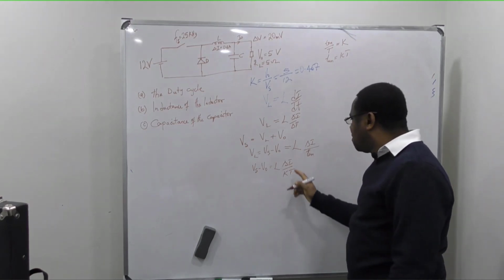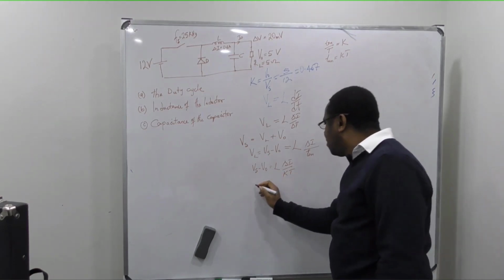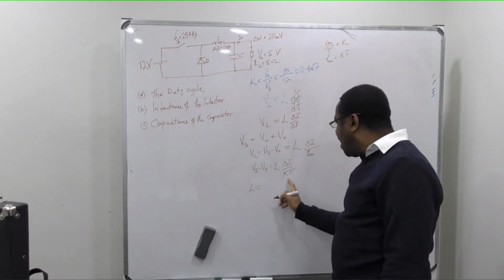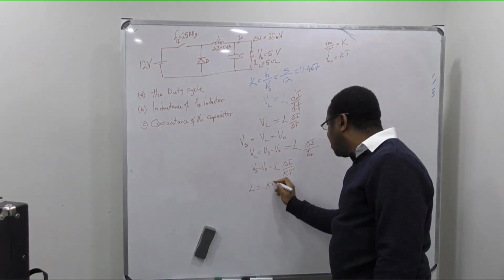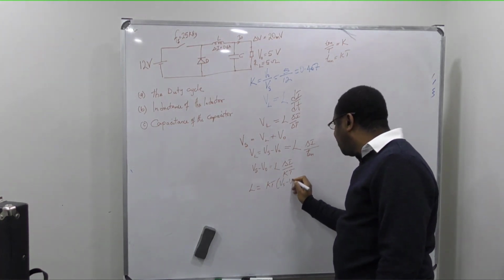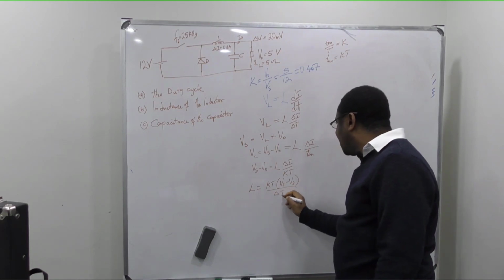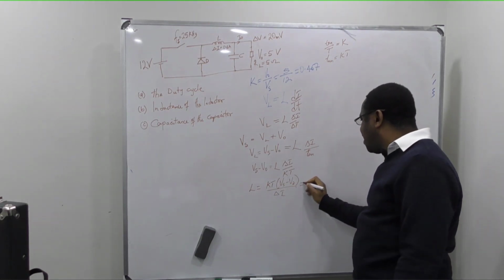We can now make L the subject, so the inductance L is KT times (Vs minus Vo) divided by delta I.